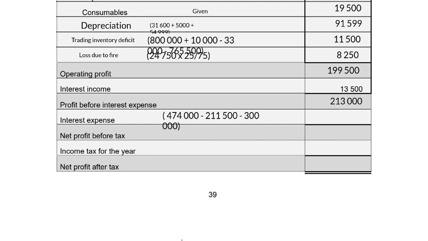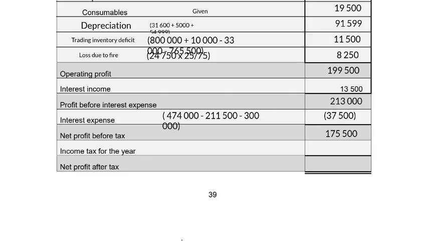That gives us a total of 37,500 Rand that we subtract. The net profit before tax will then be 213,000 minus your interest expense of 37,500 to give you a net profit before tax of 175,500 Rand.